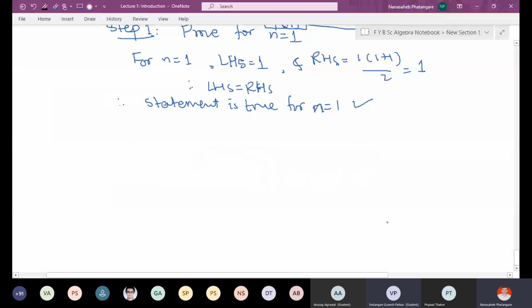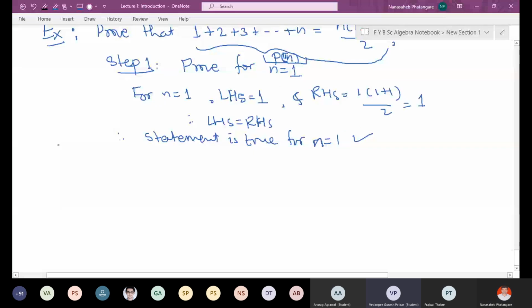Then the second step, the induction hypothesis. Right, so what is the induction hypothesis?